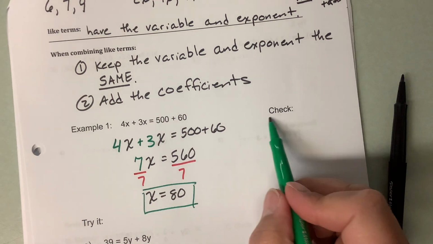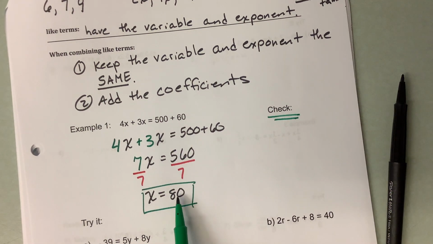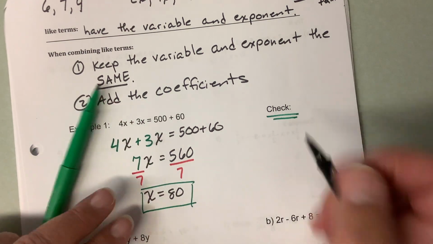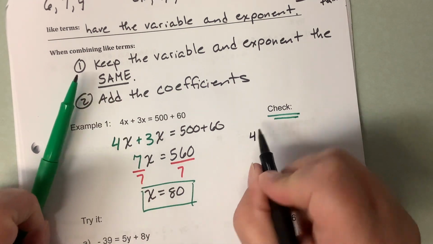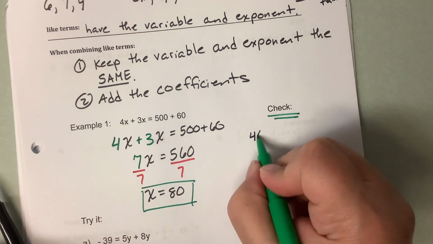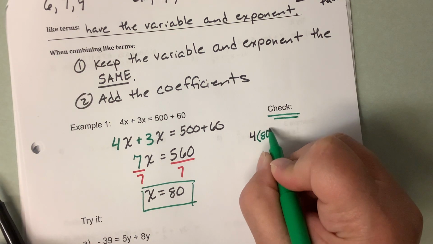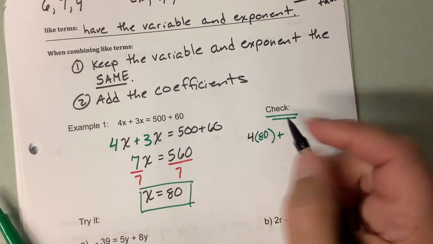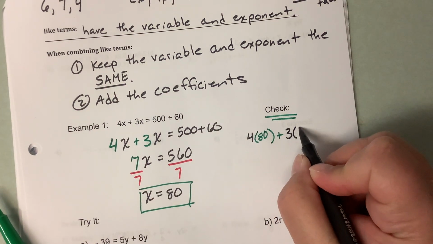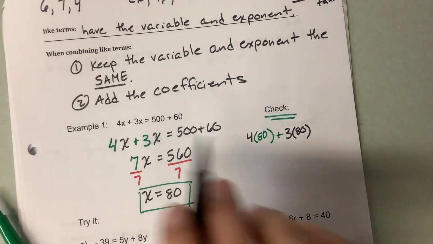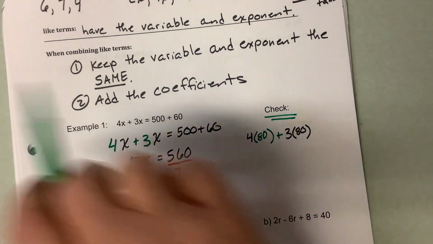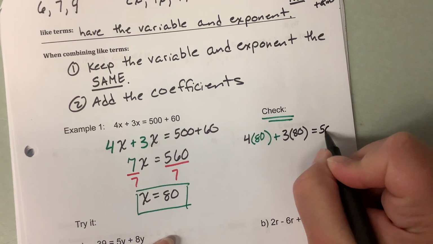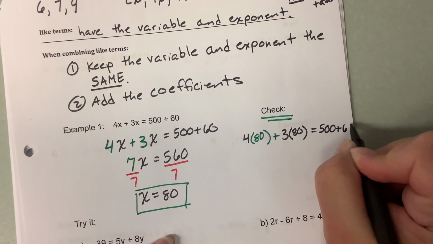And then to check it, I have to put 80 where both the x's are. So, 4 times 80 plus 3 times 80 equals 500 plus 60.